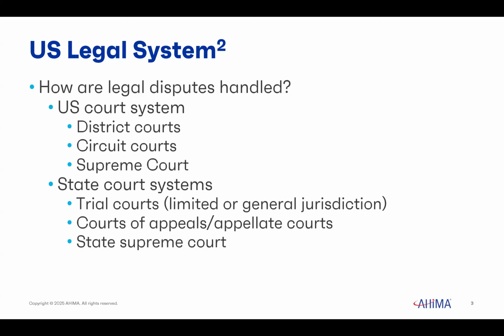These are the district courts, the circuit courts, and then finally the highest court where you can appeal a ruling to, which is the US Supreme Court. On the state side of it, we have the state court systems. And here we have trial courts, and these could either be limited or general jurisdiction, things like family court, things of that nature. And then we have courts of appeals or appellate courts.